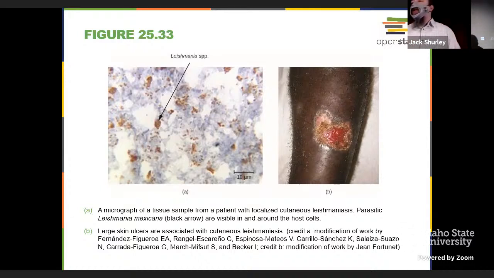And the infections can be skin deep, as we see in an appendage from this person, I don't know if that's an arm or a leg, or it could be visceral. So you've got serious, massive organ involvement, and those infections are definitely more of a concern, all right?